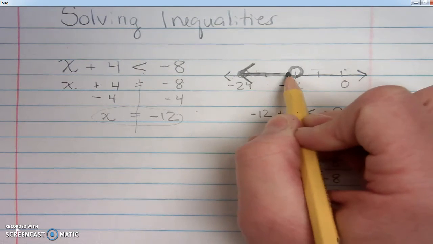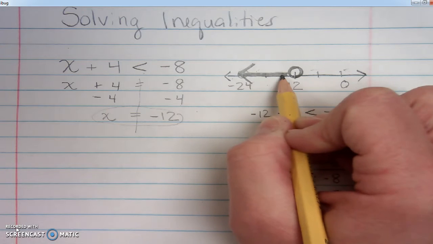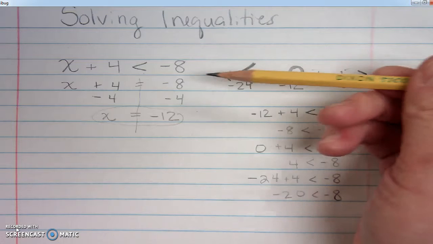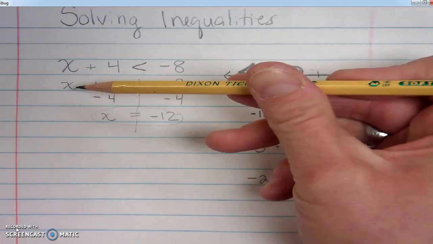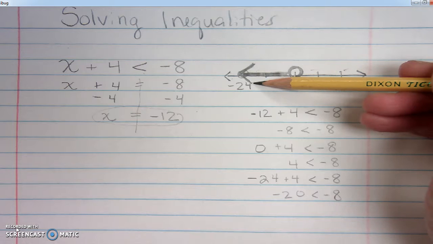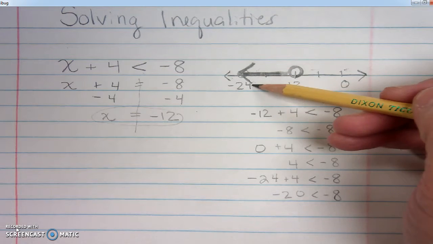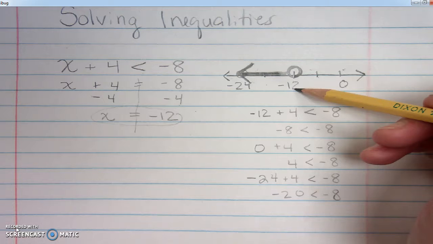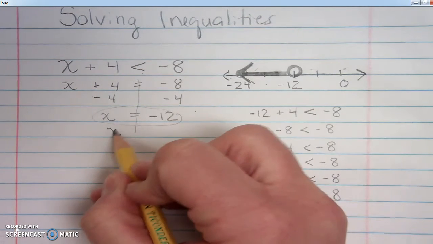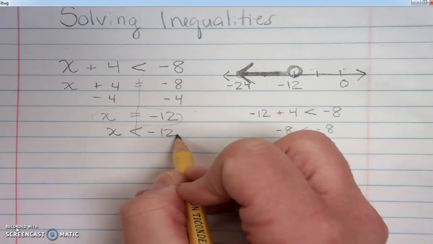So I'm going to shade everything to the left of -12, so everything that way. Now, I can see the symbol I'm going to use. That means that it must be less than -12. Less than. So x is less than -12.